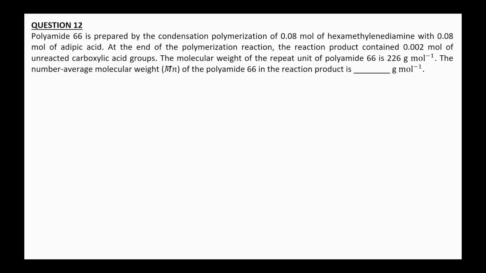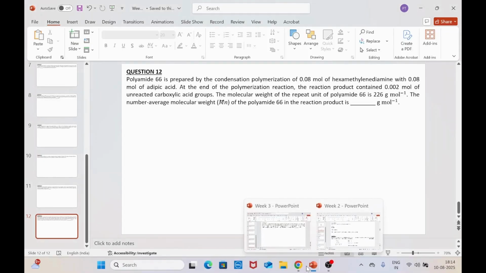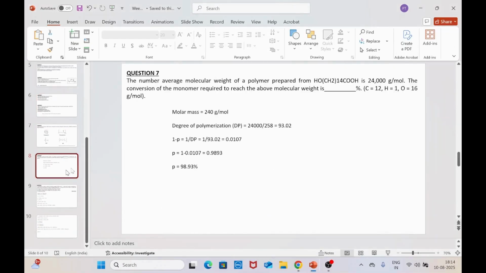There, if I'm not wrong, we were given the number average molecular weight and asked to calculate the molecular weight of the repeating unit ourselves, and then calculate the conversion of the monomer in terms of percentage.